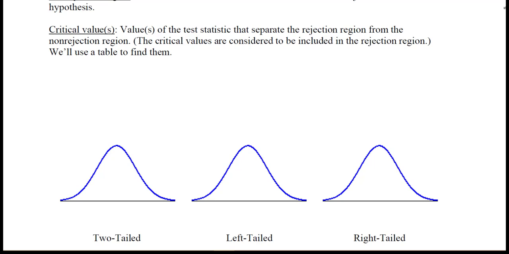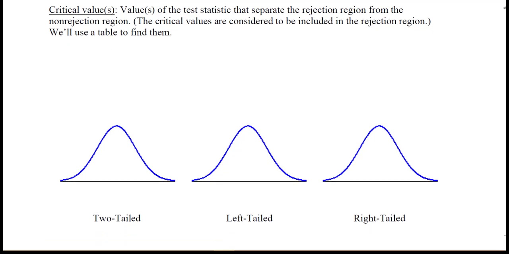Let's look at this little sketch. The most common type of test is the two-tailed test. In the two-tailed test, our rejection region is going to be at both ends. Basically we're going to put half the alpha in the left tail, and half the alpha in the right tail.